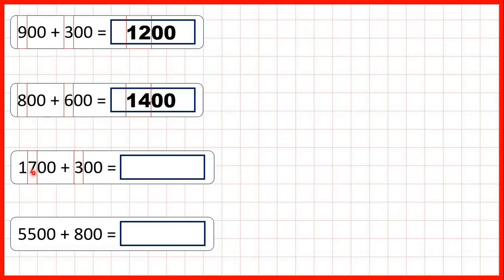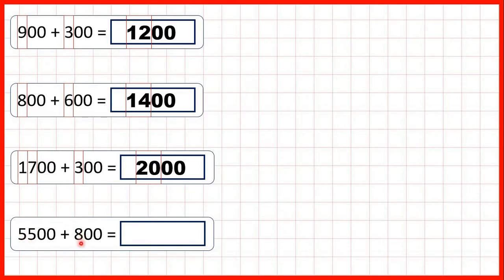Because 7 plus 3 is 10, but that's a 2-digit number and we've only got 1 digit highlighted, we need to highlight our thousands digit as well. Now 17 plus 3 is 20, so our answer is 2,000, and again the 2 zeros on the end stay the same.